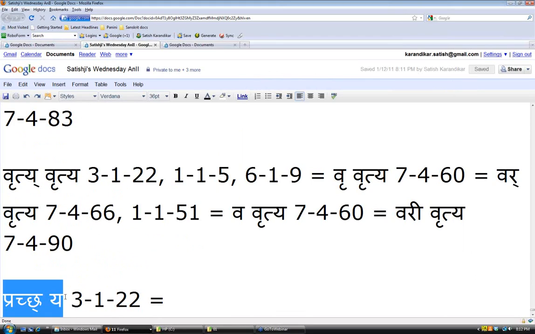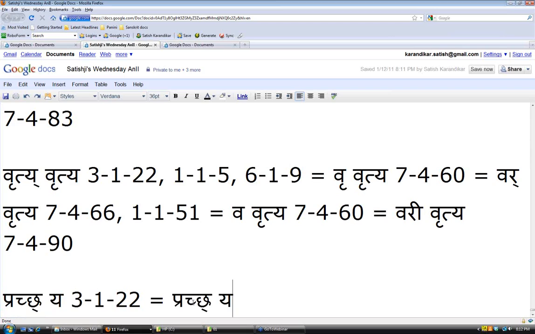So rig vataha iti vartikakarena uktam. Therefore, there is no rukara upadha, but rukara vidyate. Samprasaranantaram means after samprasaranam, the rukara comes, and it becomes pricha.